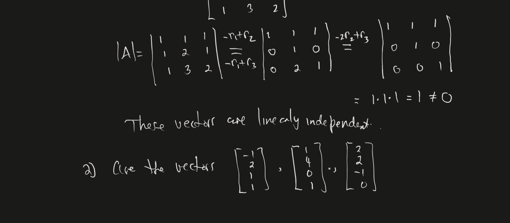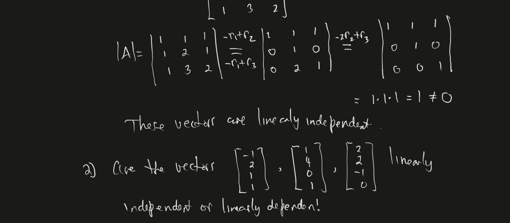So are these vectors linearly independent or linearly dependent? It's one or the other, can't be both, right? And then, of course, explain.